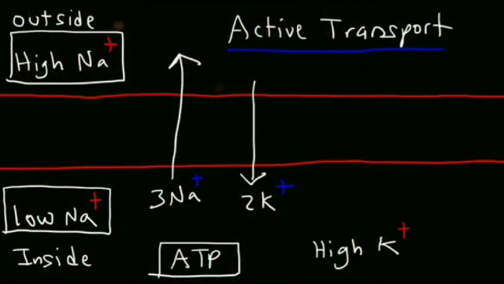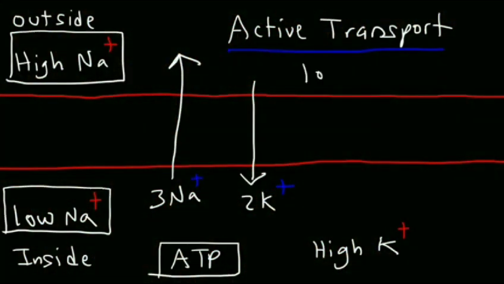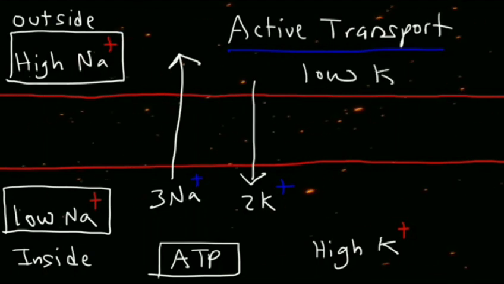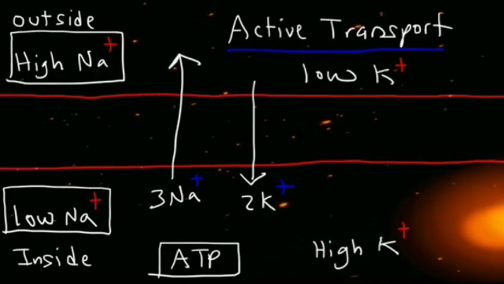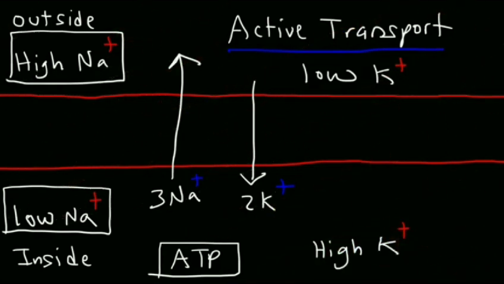And the concentration of potassium ions outside of the cell is low. So the potassium ions are also moving up against their concentration gradient. So that is an example of active transport, using energy to go against the concentration gradient, moving from a region of low concentration to a region of high concentration.